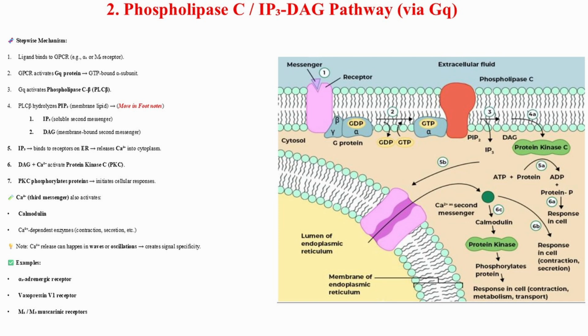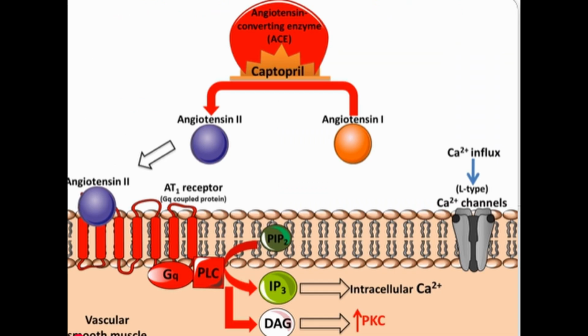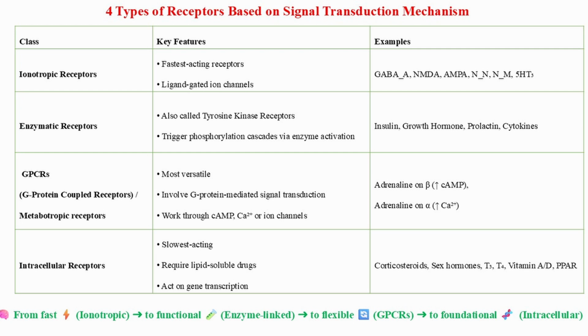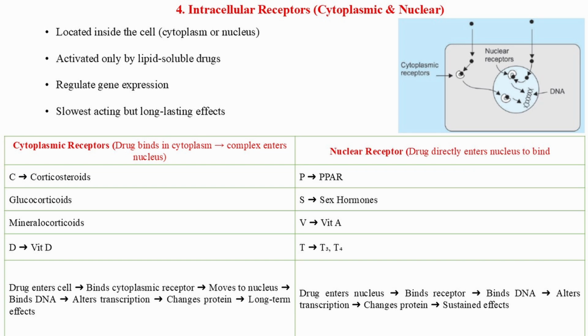Real world examples include the M2 muscarinic receptors, which act via Gi or Go and open the potassium channels to slow down the heart rate. Coming to the next example, opioid receptors, dopamine D2 receptors and the GABA receptors are heavy hitters using these direct ion channel tricks to dampen neuronal activity.